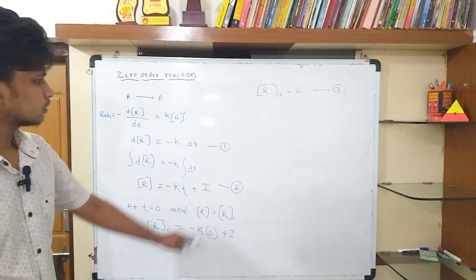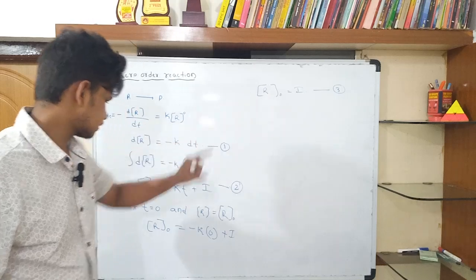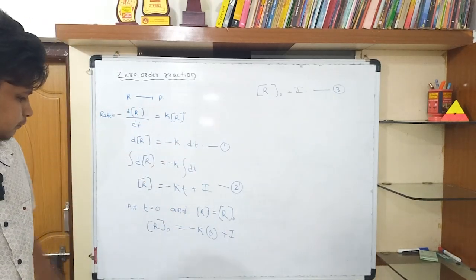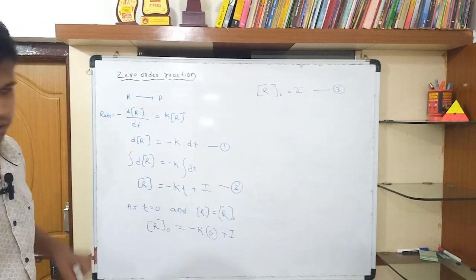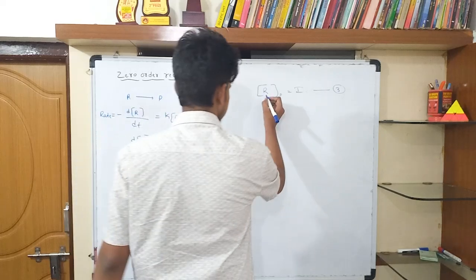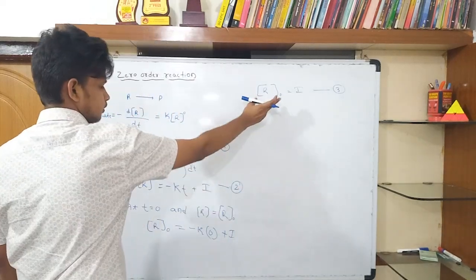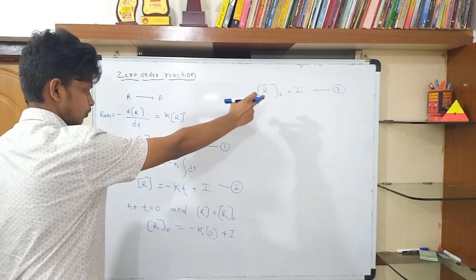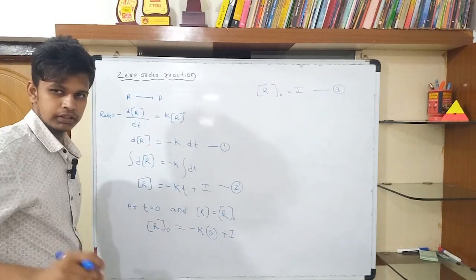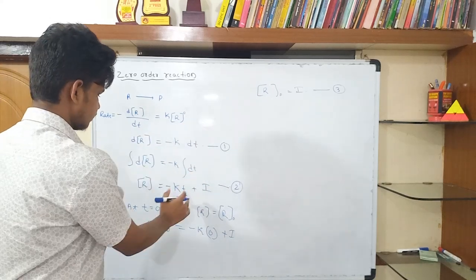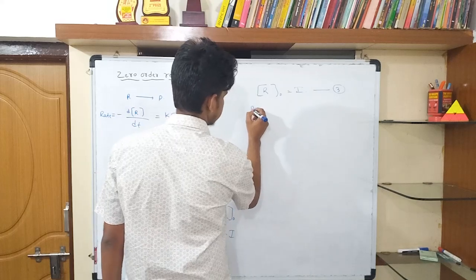Then you substitute this equation again in the second equation, then we get the answer. I equals R naught, the initial concentration of reactant. We get the value of the integration constant, and we have to put that in the second equation.